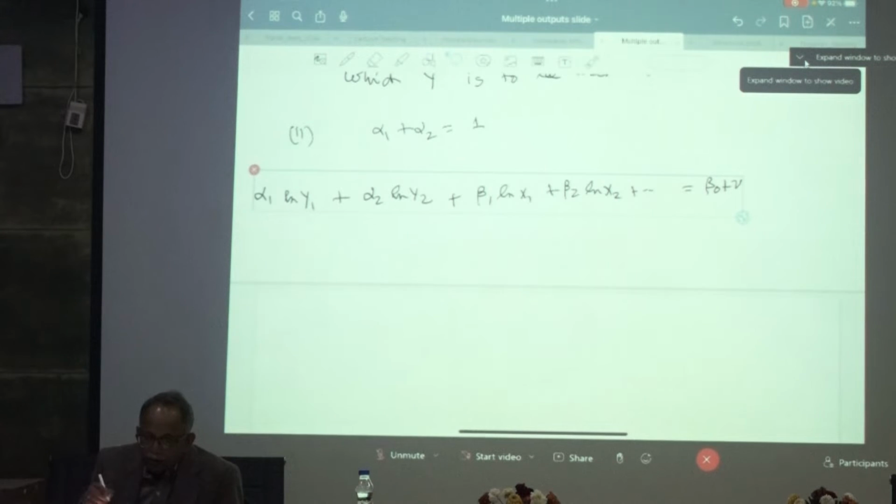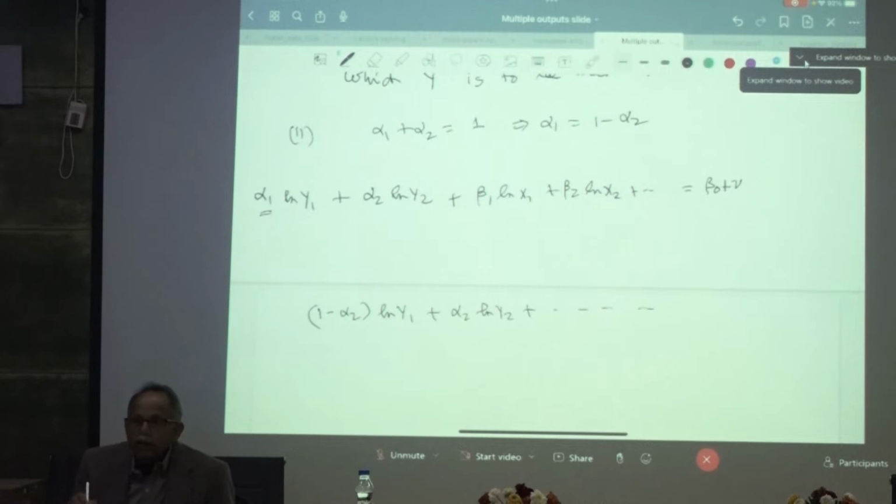So then again you can just say alpha 1 is equal to 1 minus alpha 2. So now let's replace alpha 1 by 1 minus alpha 2. So I can write 1 minus alpha 2 times log of y1 plus alpha 2 log of y2 plus, I'm not writing all the other terms because these are identical as before.